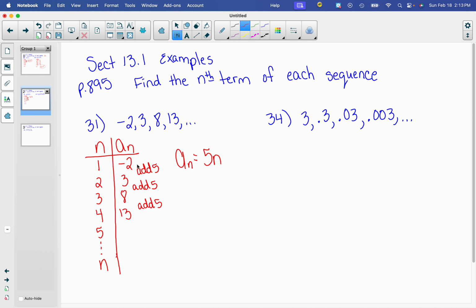If I wanted to get to a -2, I can subtract 7, because 5 times 1 is 5, minus 7 is -2. Now I'm going to test it. 5 times 2 is 10, minus 7 is 3, so it works. 5 times 3 is 15, minus 7 is 8, so it works. Now I'm convinced that this is my rule for a sub n.